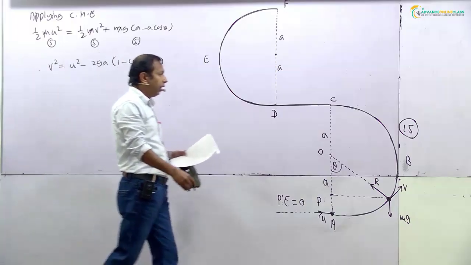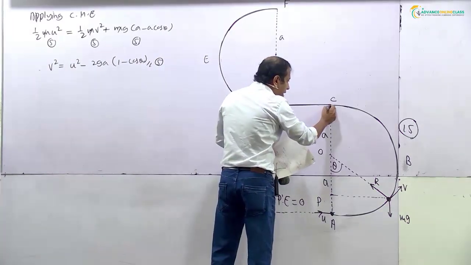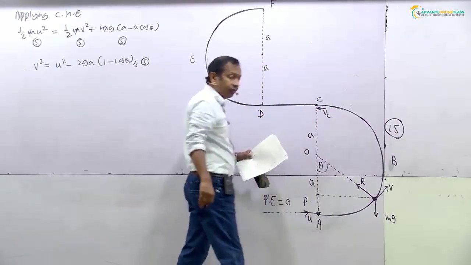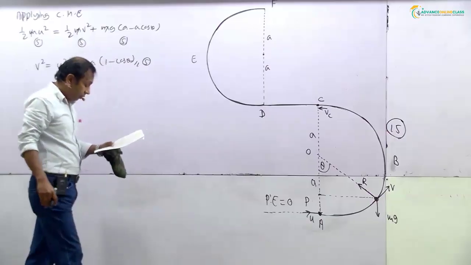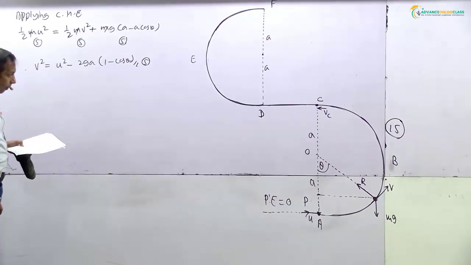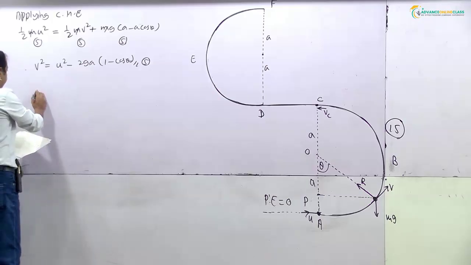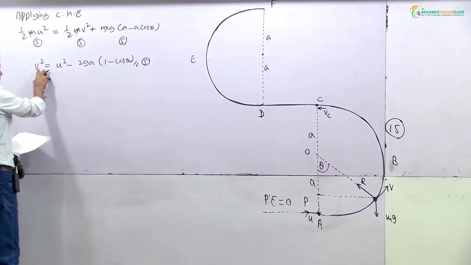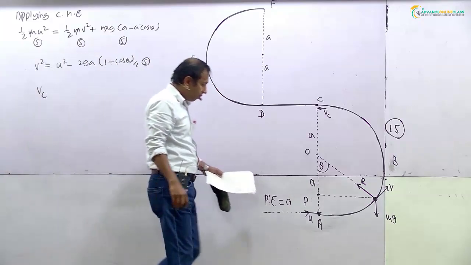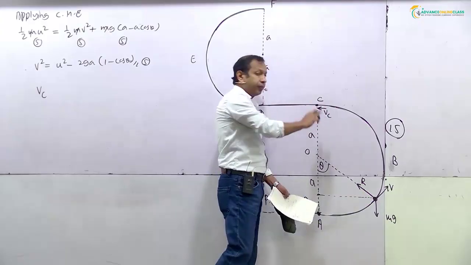Now, when the particle reaches the point C, I take its velocity as Vc. Then we can write here, this equation is valid for the motion of the particle from A to C.